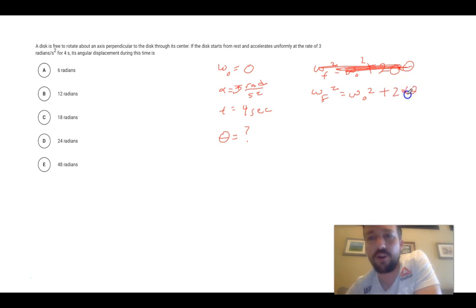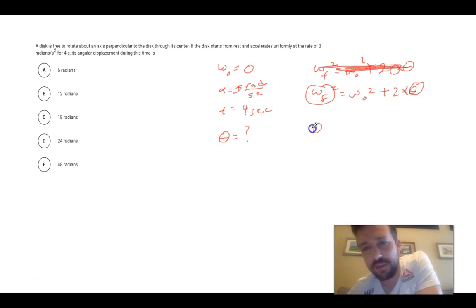That's that third angular problem. I'm thinking this one will work. I have omega naught, I have alpha, and I'm looking for theta. This one's not going to work because I don't have omega f, and I'm looking for theta. So that formula is not going to work.